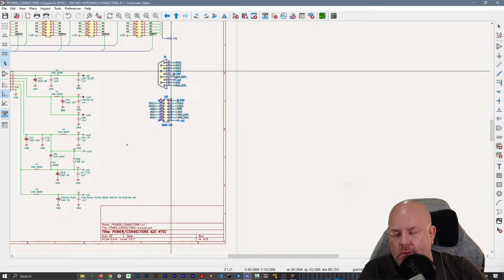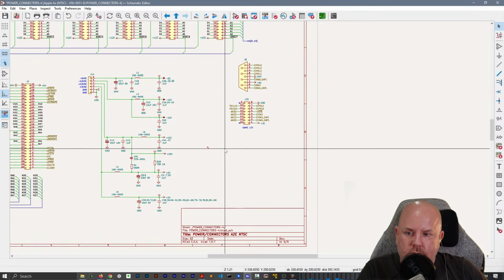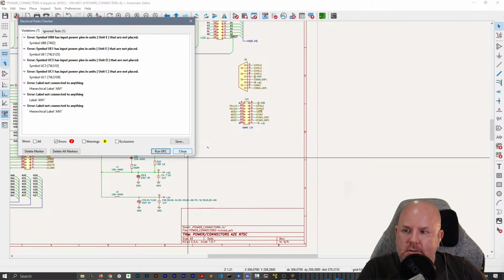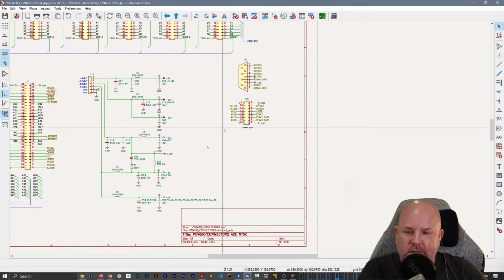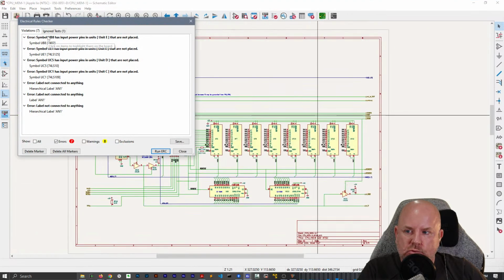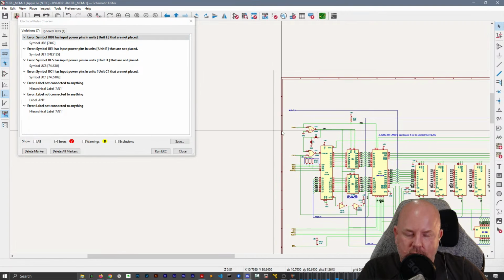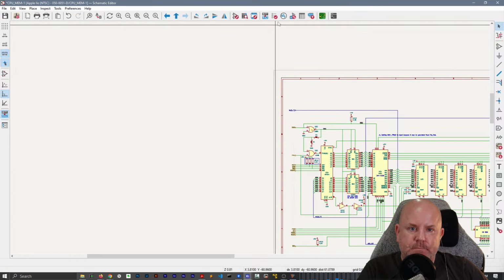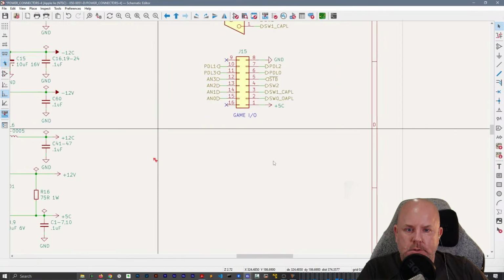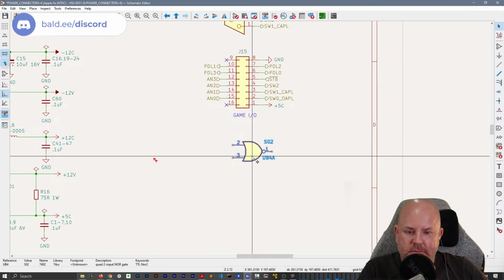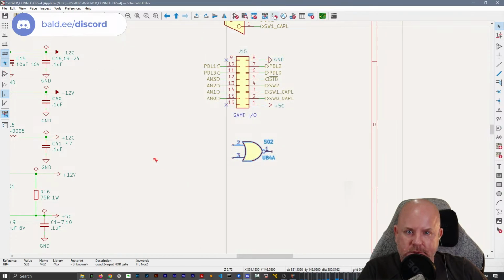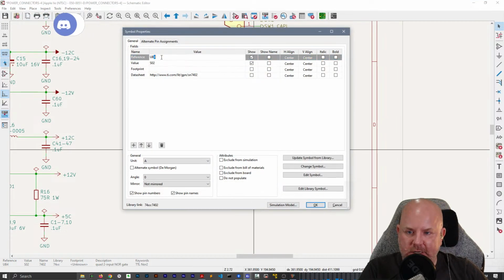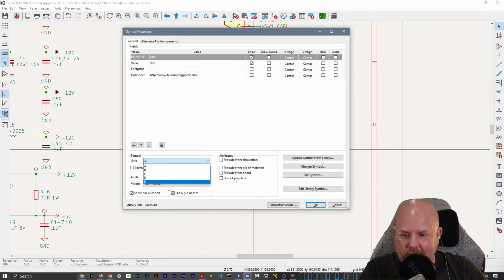Okay, what I should have done. So we'll put this one here. What was it? It was UB8. So we're going to change it to UB8, and it's going to be unit E.